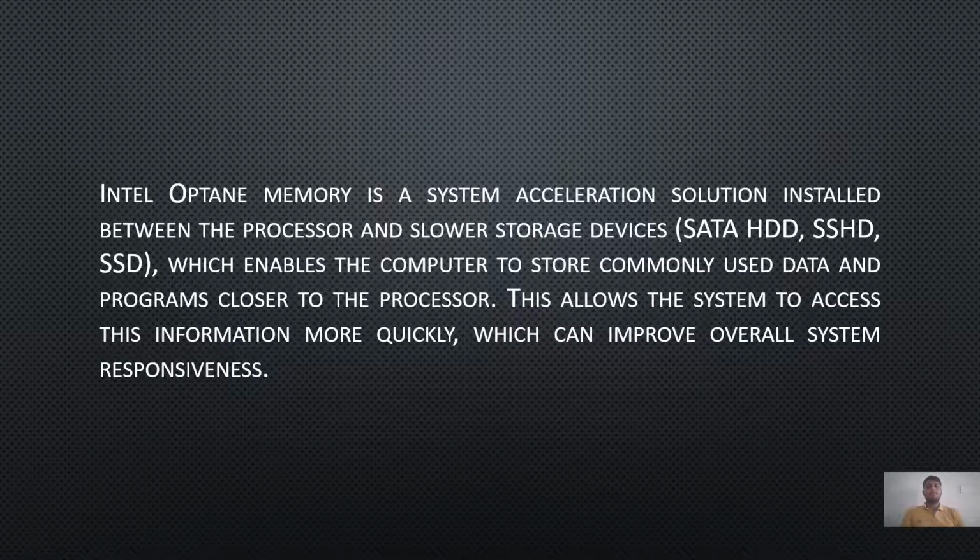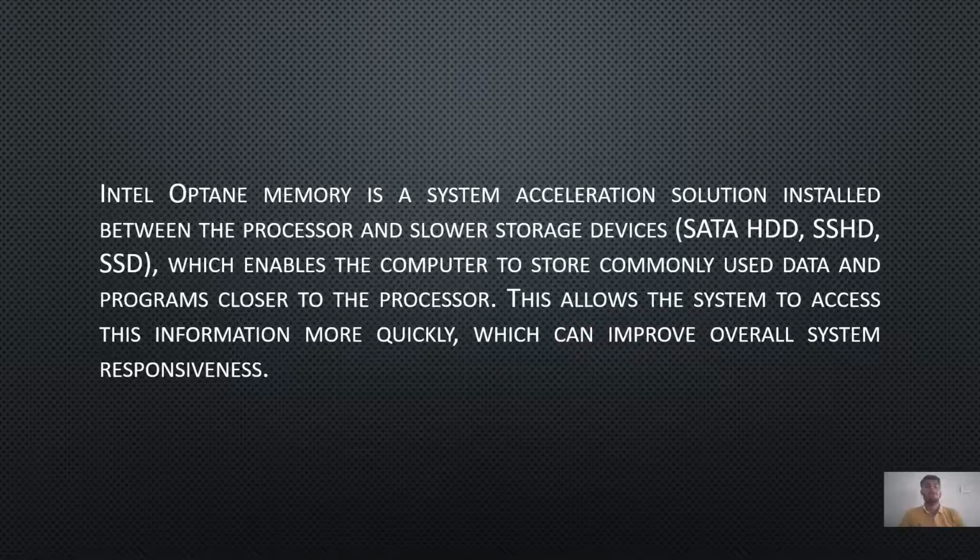The Optane memory basically works as a system acceleration solution, which sits between the processor and the storage devices. It enables the computer to store the commonly used data and programs in the Optane memory, which is closer to the processor than the storage devices, which makes the system more responsive as the information and programs are more quickly fetchable.